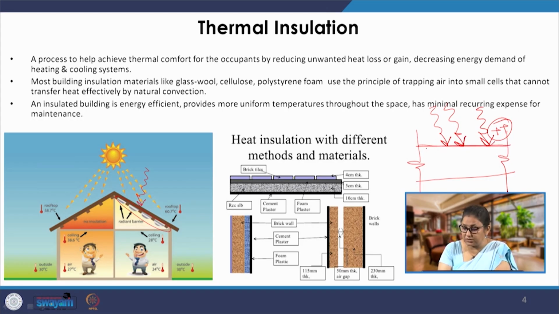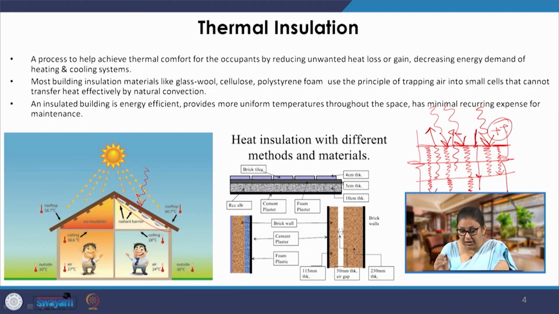This heat is going to be absorbed by the material. It will take time depending upon the specific heat and mass of this material to completely heat up. So, this surface will get heated up fast, and gradually the heat will percolate, and then be re-emitted from the other side. Not just the other side, this heat is also going to be re-emitted during the night time from this side. So, from both the sides it is going to be emitted equally.